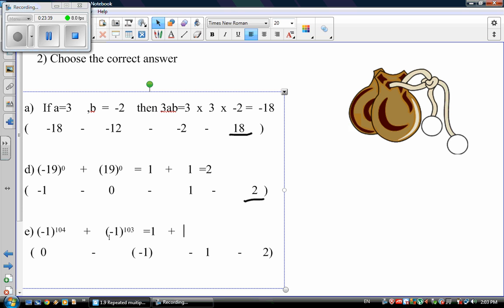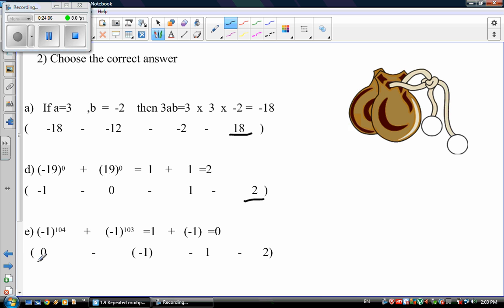Notice that negative 1 is a negative base and the power is odd, so the answer will be, yes, a negative number. So negative 1 to the power 103 equals negative 1. And if we add them, we get, yes, 0. So the answer will be 0.